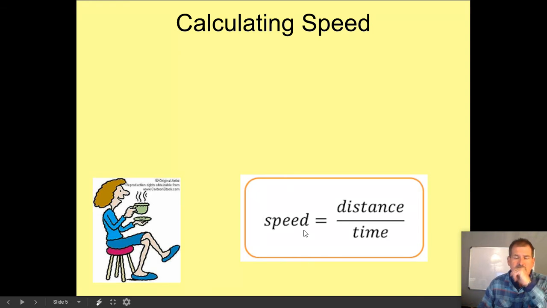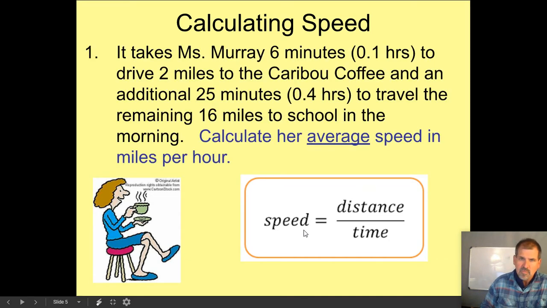Calculating speed. All right, so go ahead and write this down. Write down calculating speed. You don't need to write the formula down again. Here's the problem. Well, you don't need to write down the problem, but I do want you to write down the math to the problem.